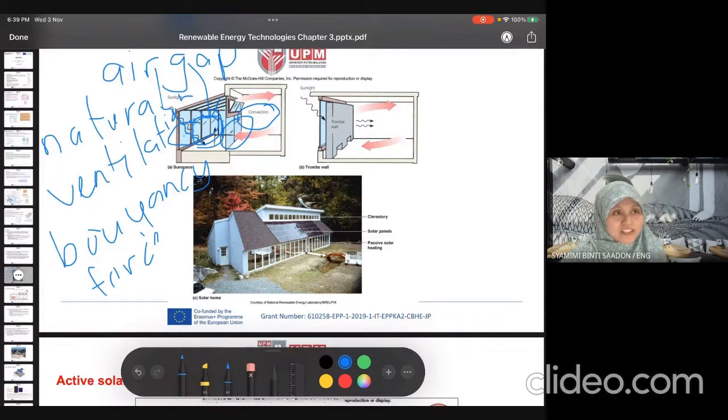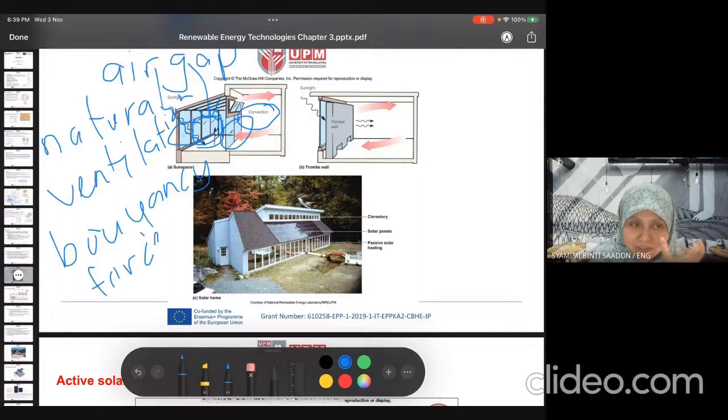Because they don't need any forced ventilation, any extra auxiliary power, fan, etc. They save by using fan, etc. They just use natural ventilation, but by having a double glazing window.